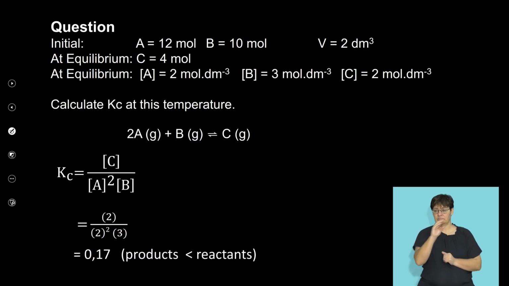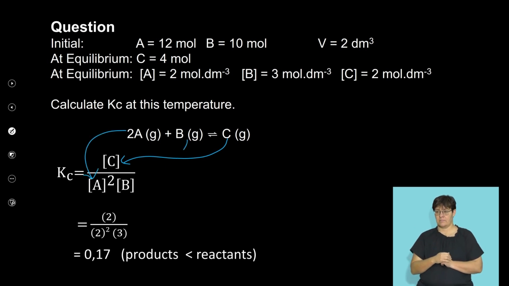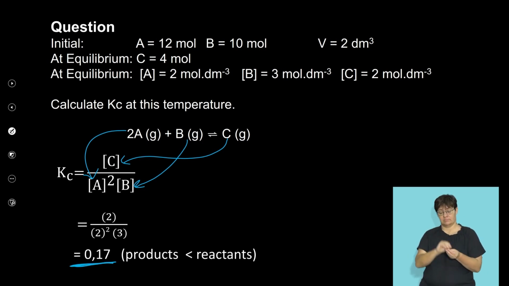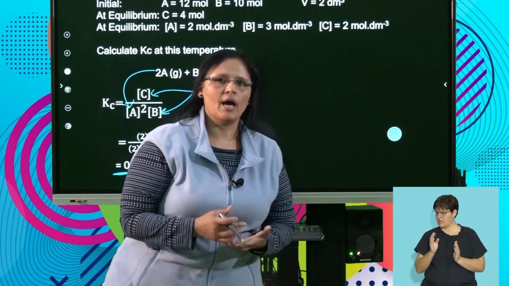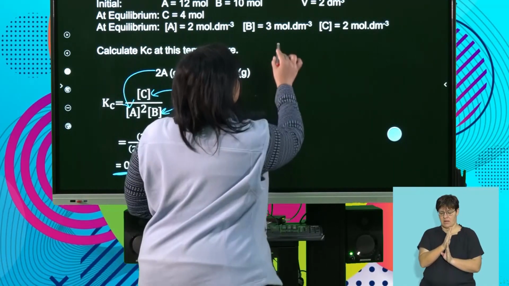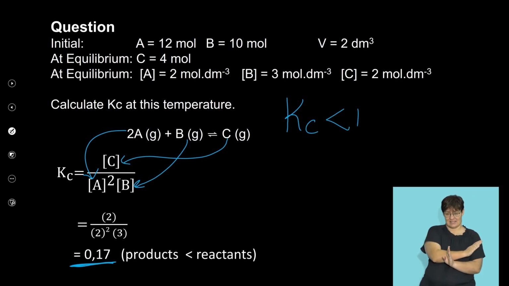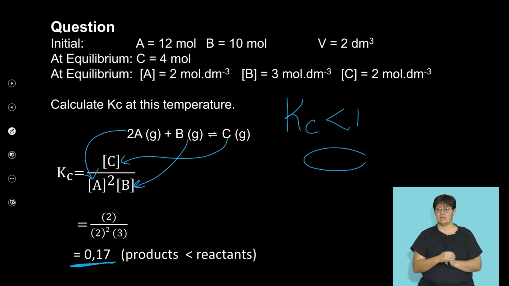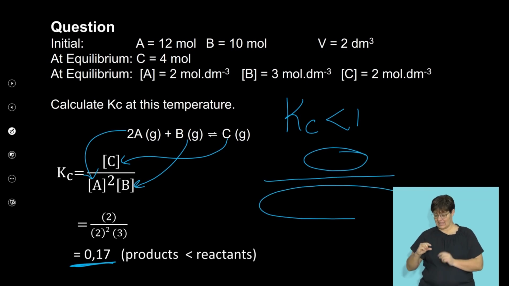That brings us to the substitution of my concentrations into my expression, where I have C to the exponent of 1, A to the exponent of 2, B to the exponent of 1, and if we substitute them correctly, we have a value of 0,17. What does that mean? It means Kc is smaller than 1, which basically means I have few products, but a lot of reactants.